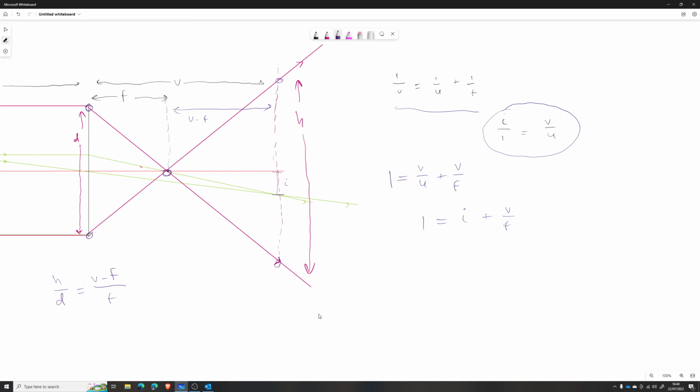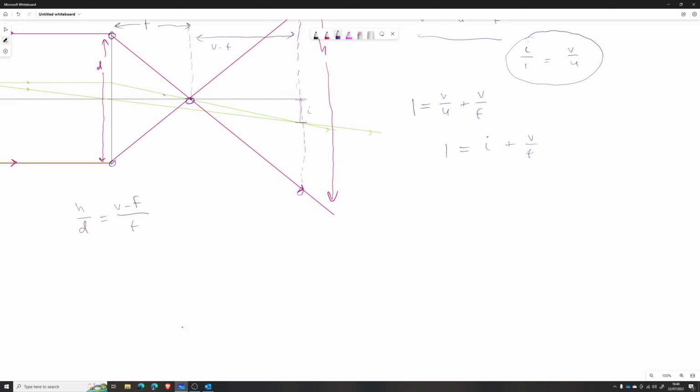Okay. Now let's go down to this expression that I've written that relates the height of a point source in my image to the diameter of the lens. That's (v minus f) over f, which I can write as v over f minus 1.